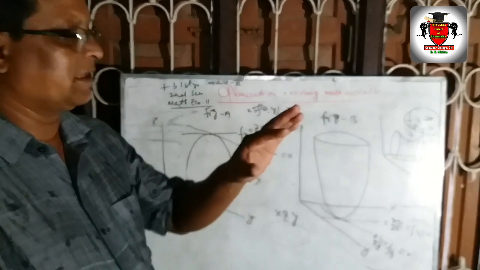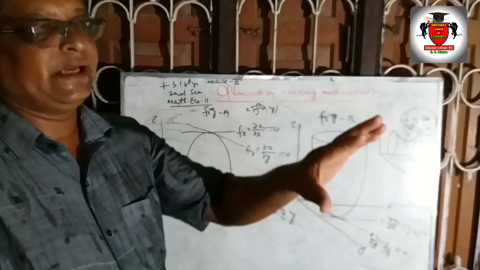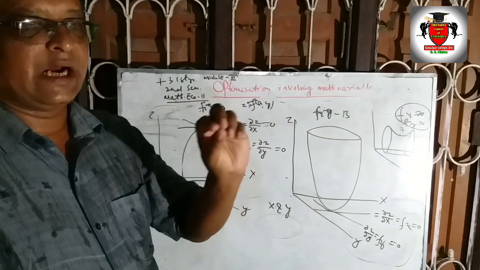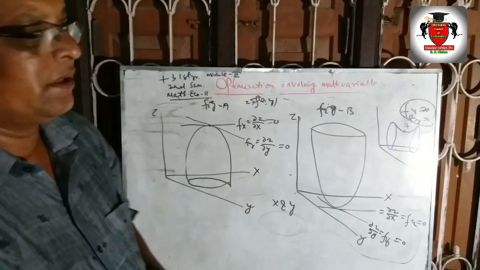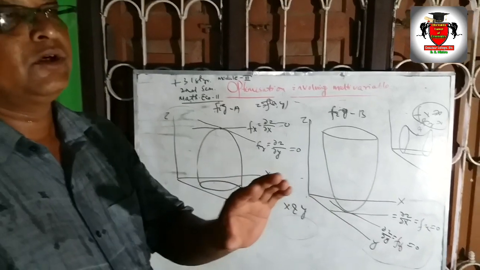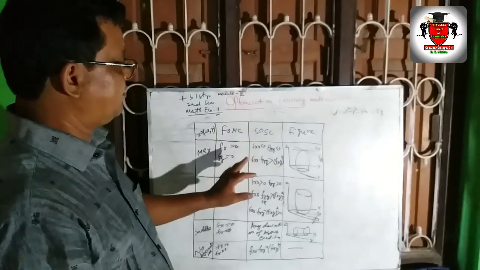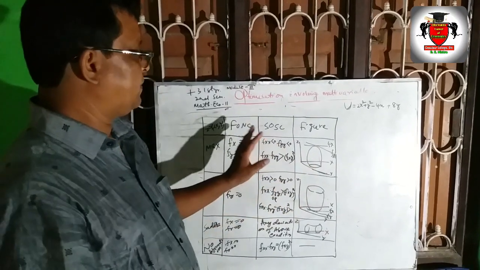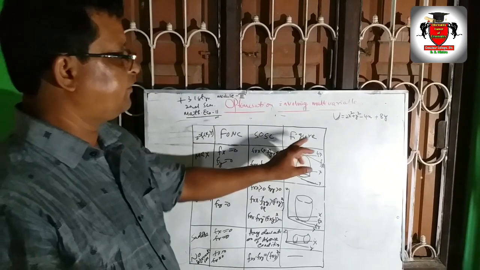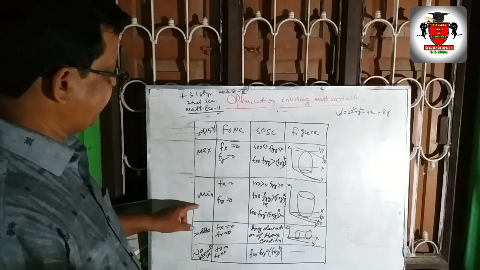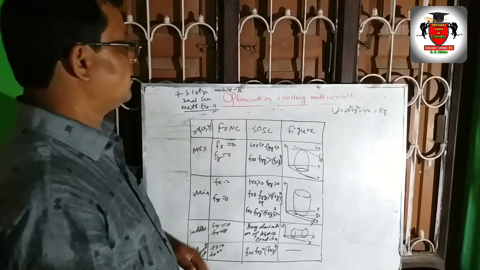And in the next class, when we go for the n variable case, the multiple variable case, we will explain or prove how these second order derivative conditions have been derived. For proper understanding, we should have a table for this. Now look at this table. This table gives us the first order necessary condition and second order sufficient condition along with the figure for maximum, minimum and saddle point involving two independent variables.